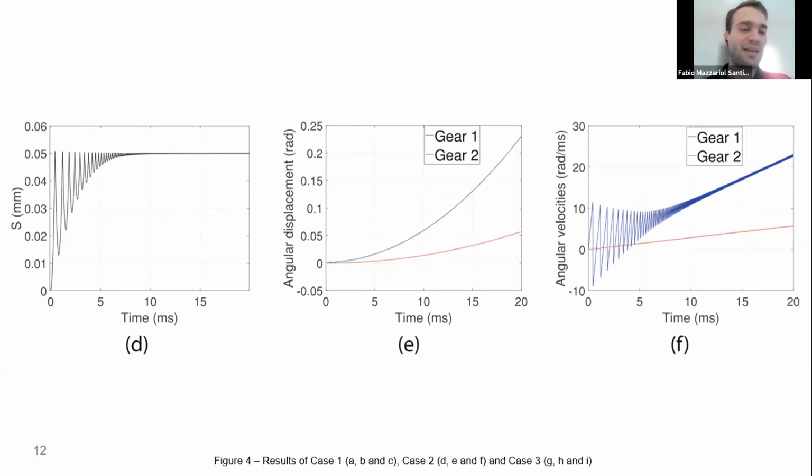Here is the second case, when we have just driver torque in gear 1 and a resistive torque in gear 2.